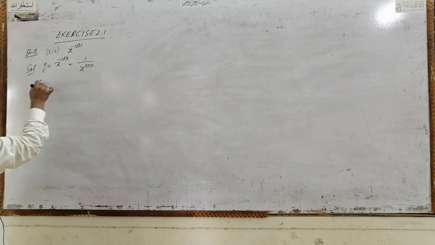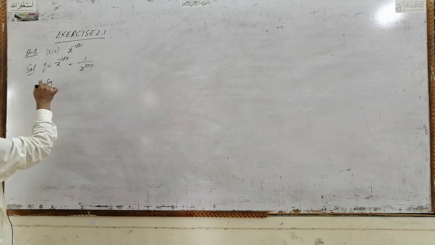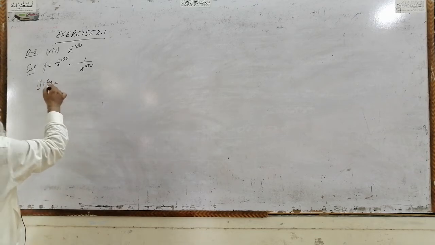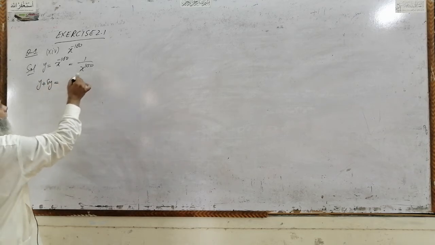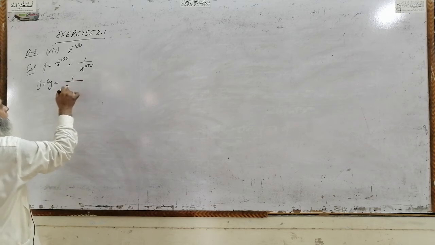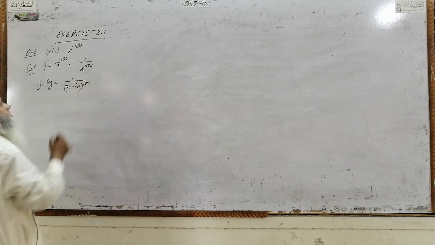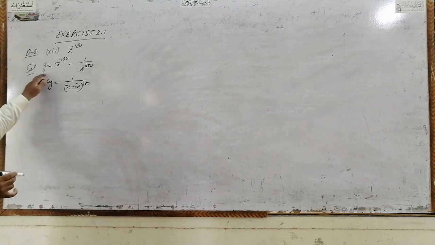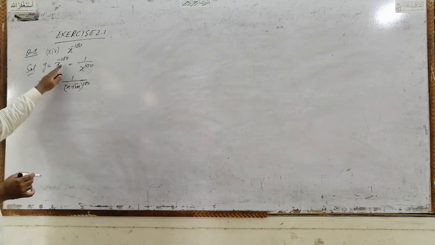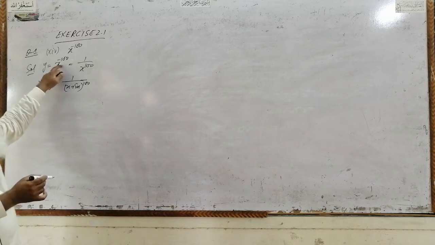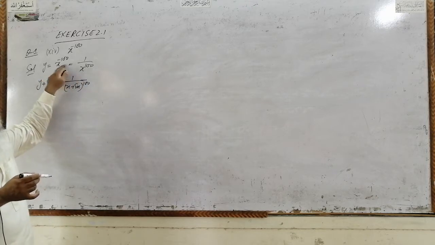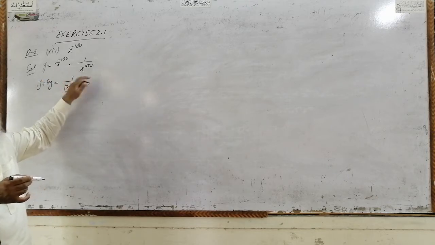What we have to do, we have to add change in y, delta y in y, and change in x, delta x in x on the right hand side. So x raised to power minus 100 was there, so when we write it in the denominator, obviously the sign of the power will be changed.